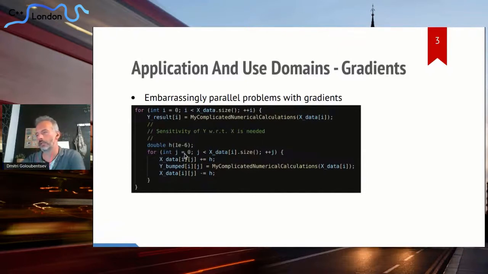And the traditional and very well-known method to do this is bump and revalue, or the finite difference method. You basically modify one element at a time in your vector X, you apply your analytics and get yourself changes in Y. And you can see the number of calculations you need to do grows very fast.